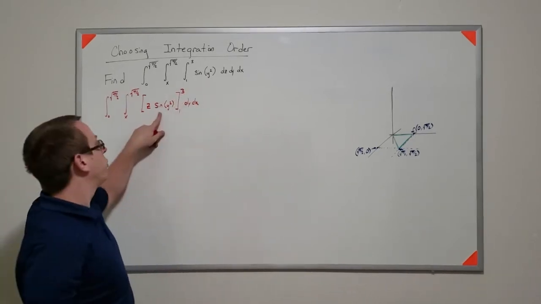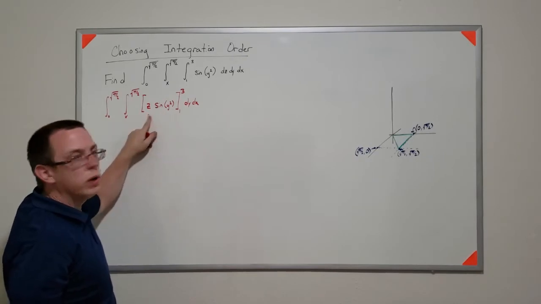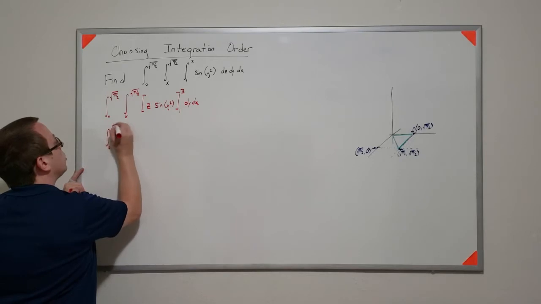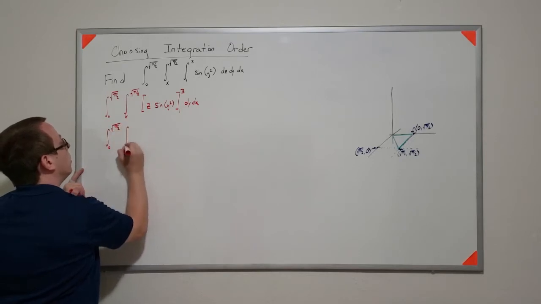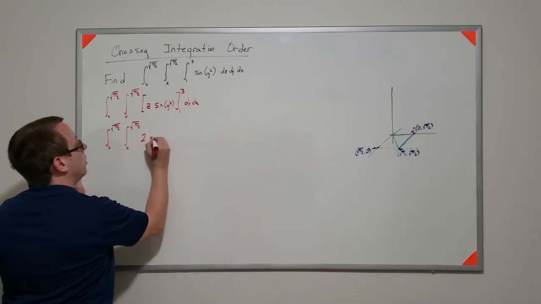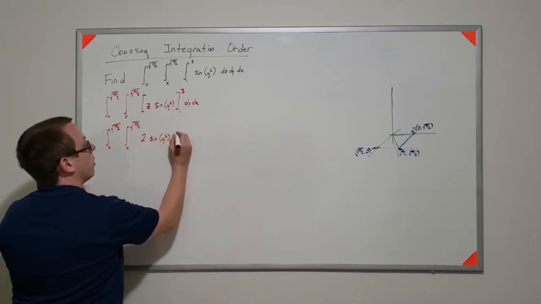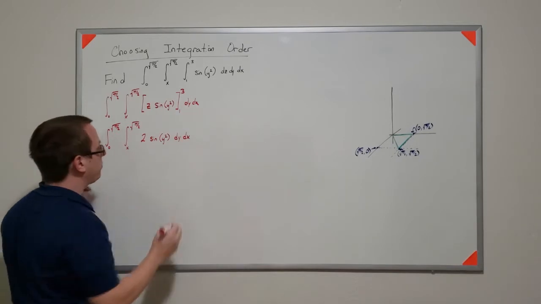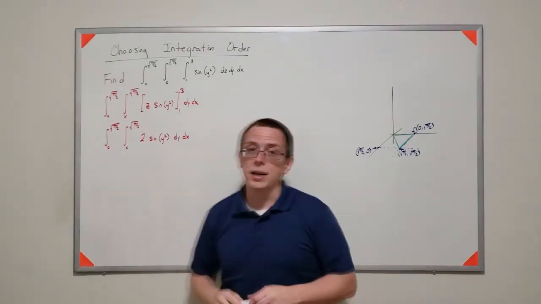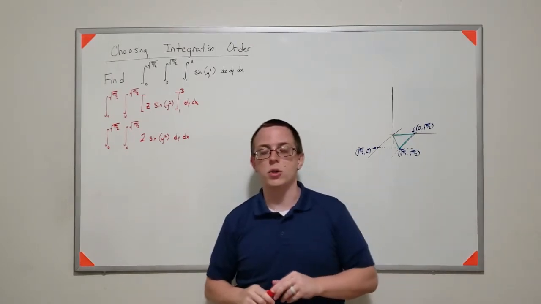When I plug in, I get 3 sine y squared minus 1 sine y squared. So I get 0 to square root of pi over 2, x to square root of pi over 2 of 2 sine y squared dy dx. And this is a problem because I don't know how to take the antiderivative of sine of y squared.